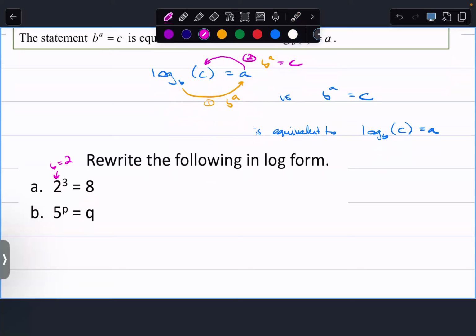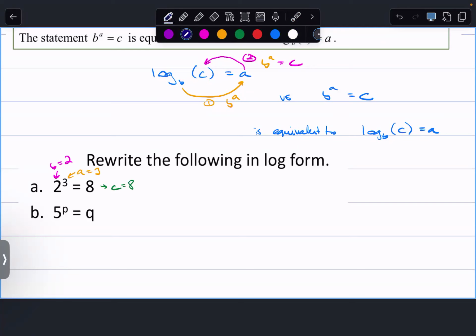And I know that, okay, if I've got this written down, then from log base b, so 2 to the power of a, which means that a must be 3, must be equal to, and let me use green, it must be equal to c is equal to 8.